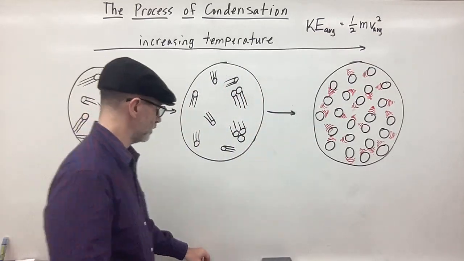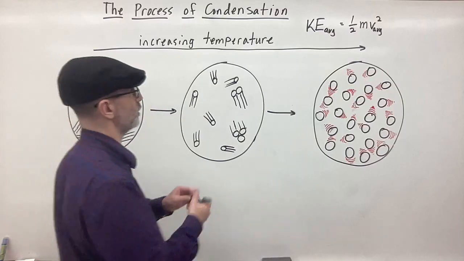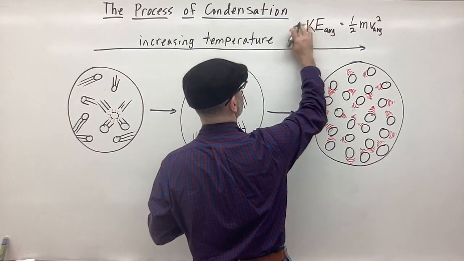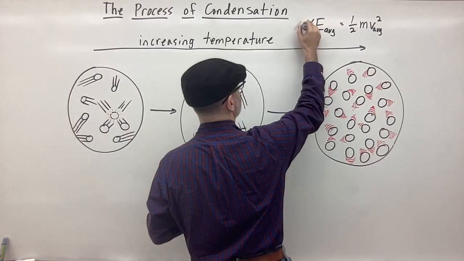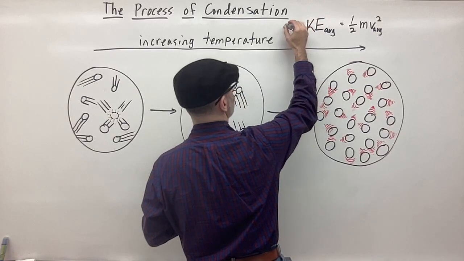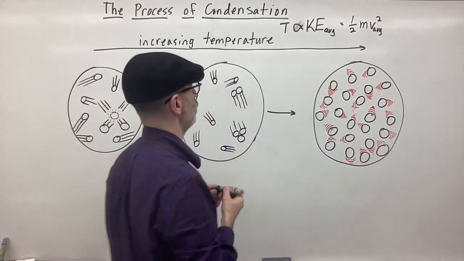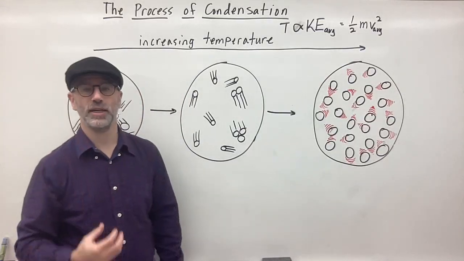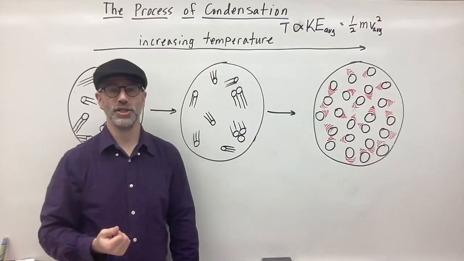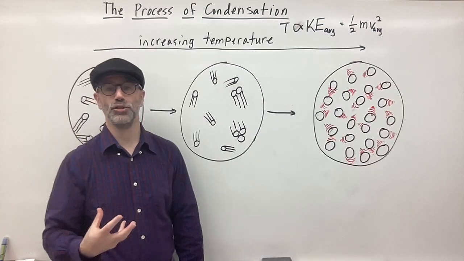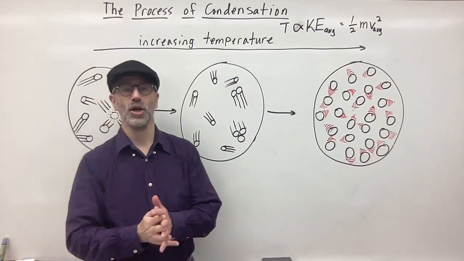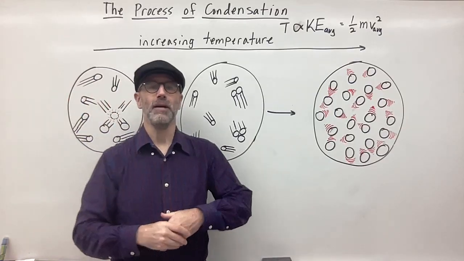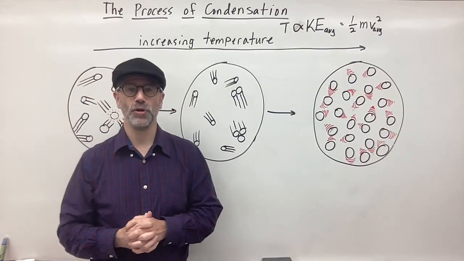According to kinetic molecular theory, this is proportional to temperature. So temperature is a measurement of the average kinetic energy of the particles, which is related to the speed of the particles. Why is this important? Because then we can relate this to the strength of intermolecular forces.